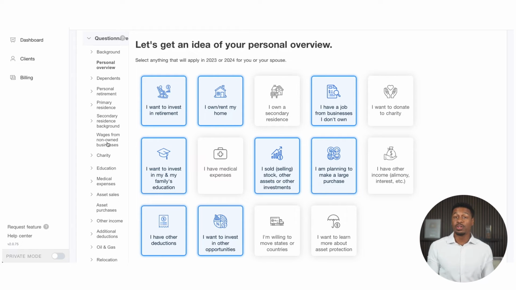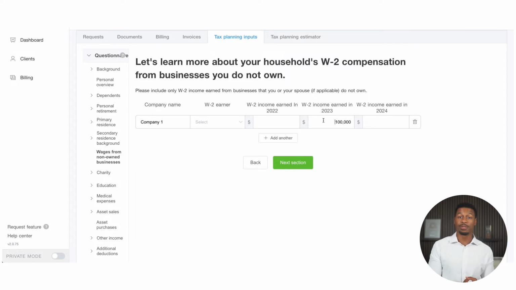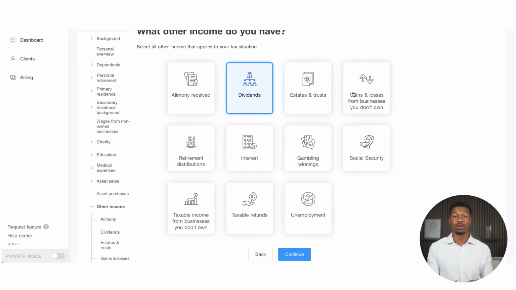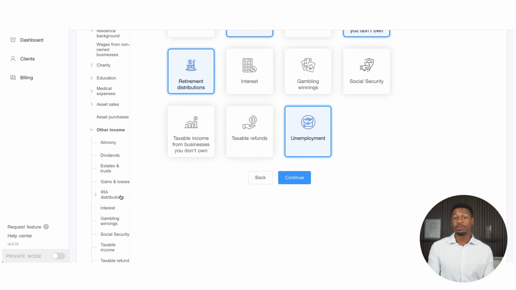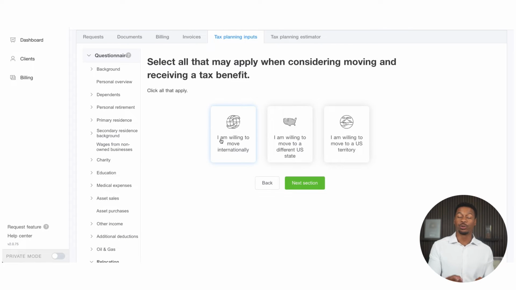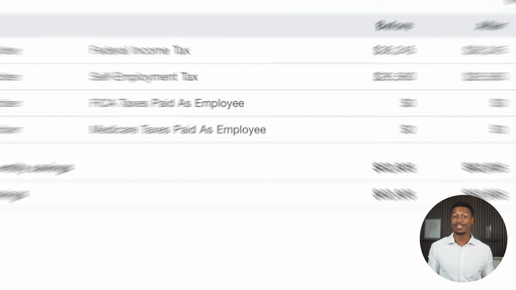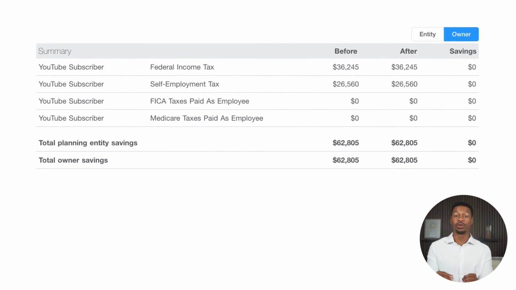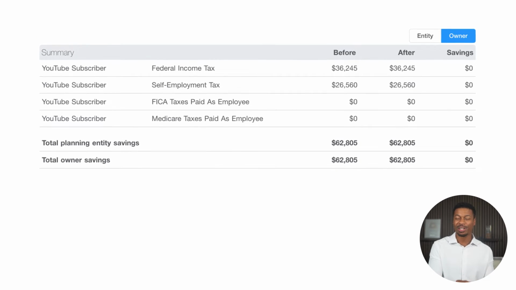And once you do that, you should also look at all sources of your income, whether that is wages from your W-2 job, dividends from your investments, or income from businesses you own. By the end of your tax analysis, you should have a crystal clear picture of the amount of tax you will pay based on your current situation and your current income level.